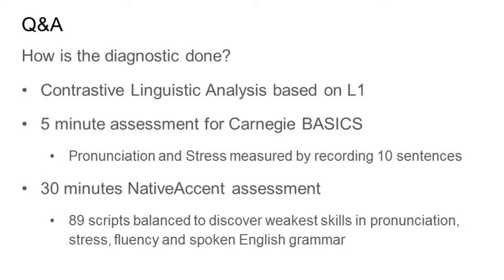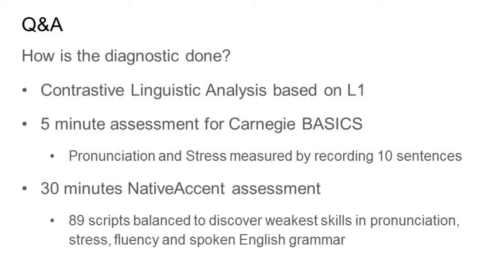Basics consists of 10 sentences that they record, and they're very simple. In Basics they're only assessing pronunciation and word stress. In NativeAccent, it takes about 30 minutes and consists of 89 sentences that they record.